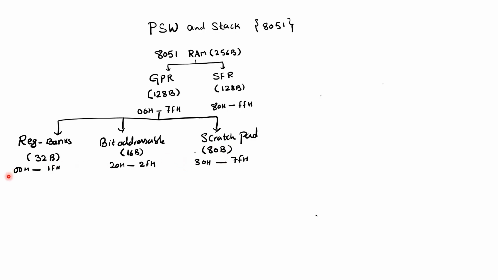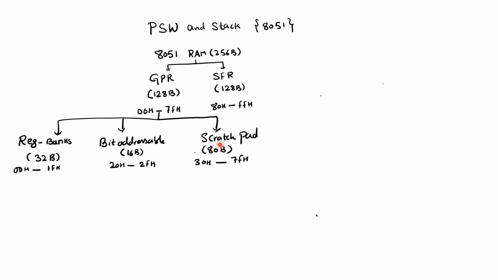The addresses are 00 to 1F for register bank, 20 to 2F, which makes 16 bytes, for bit addressable, and 30 to 7F for the scratch pad.